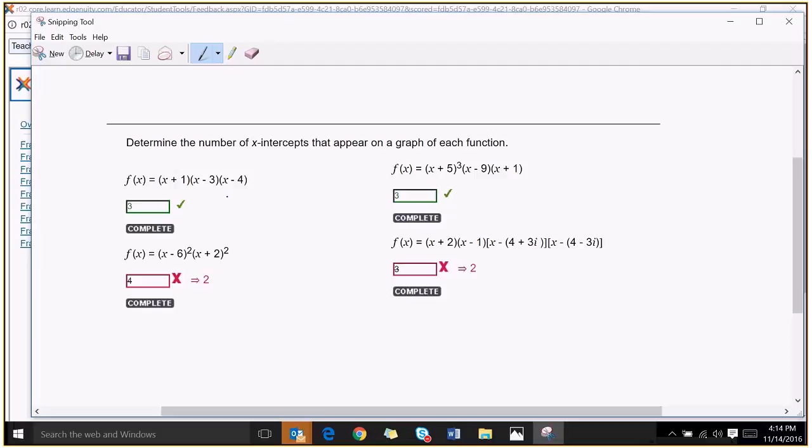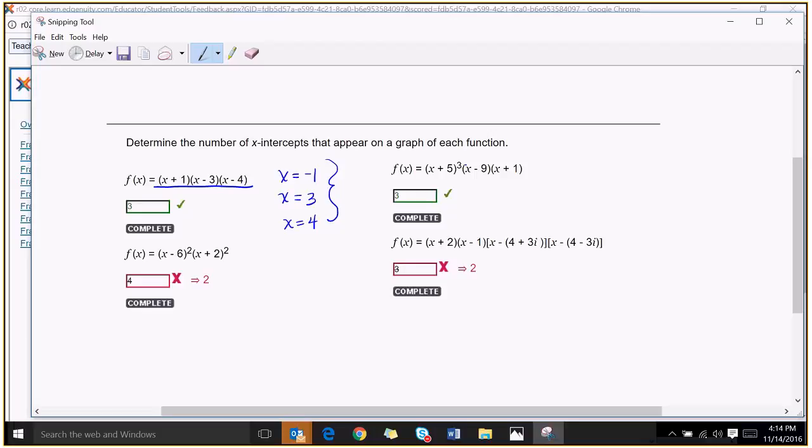But it only crosses the x-axis if it's a real number. So for example, in this first problem, I get x equals -1, x equals 3, and x equals 4. So all three of these are real numbers, correct? Yeah. So that means it has 3 x-intercepts.